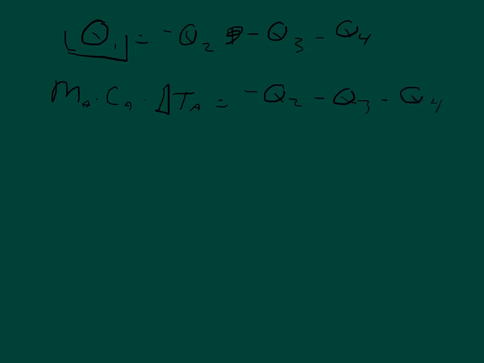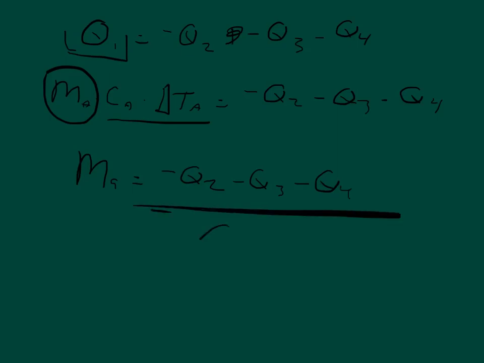And then we want to find out what the mass was, so we can divide by the specific heat times the change of temperature, and we'll get that the mass of aluminum is equal to negative Q2 minus Q3 minus Q4 divided by the specific heat of aluminum times the change of temperature of aluminum.